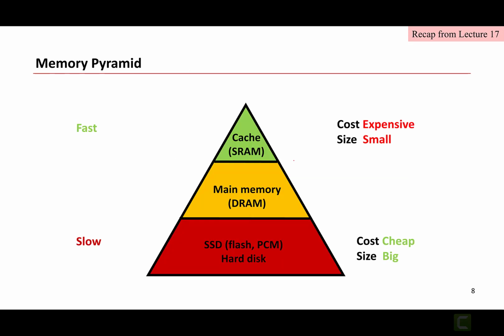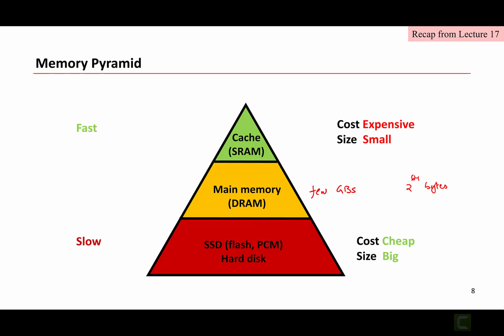If you look at this memory pyramid, main memory is typically a few gigabytes in size, maybe 100 gigabytes at most today. Now, that is nowhere close to 2 to the power 64 bytes of memory that we need. So clearly at some point you would run out of space, so you have to go to the next level of memory hierarchy, and that is hard disk.